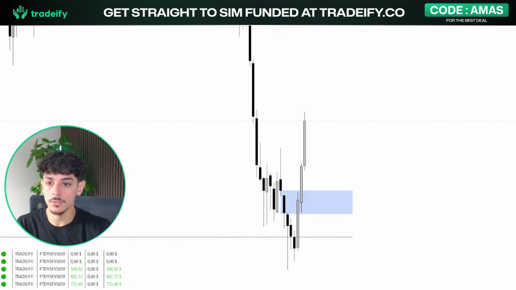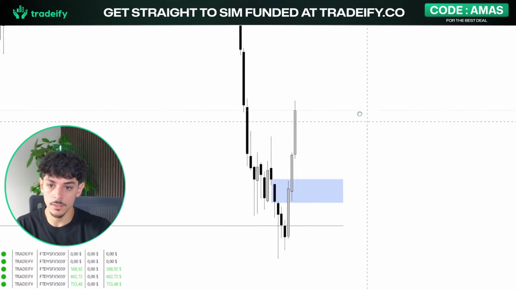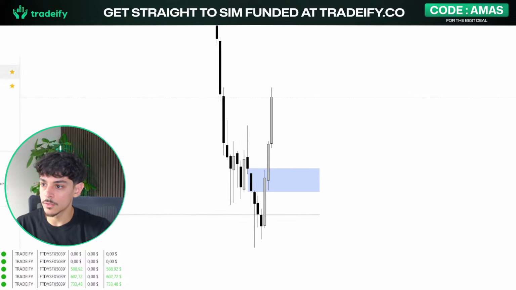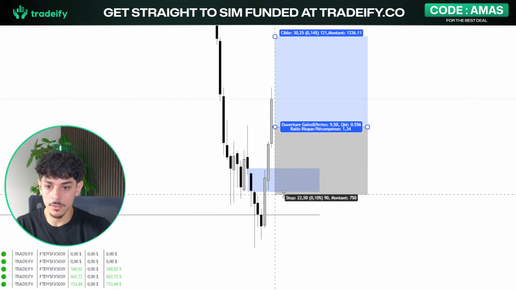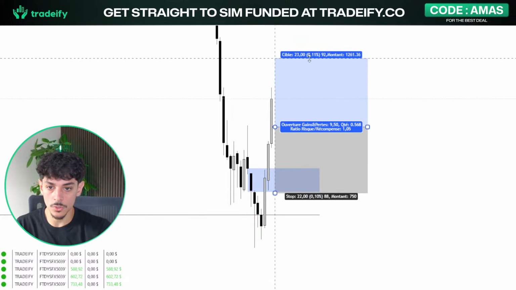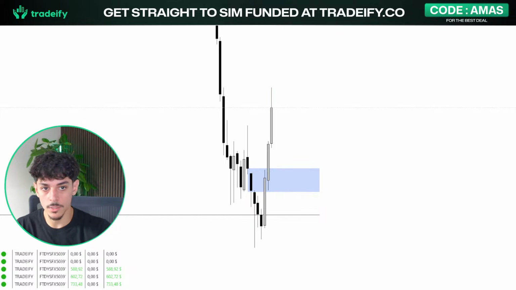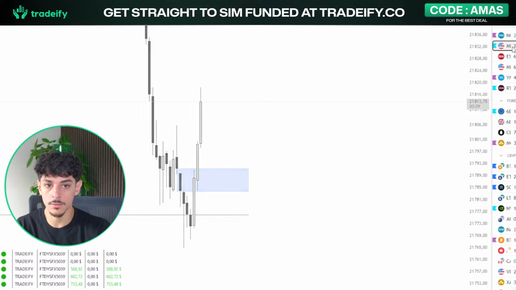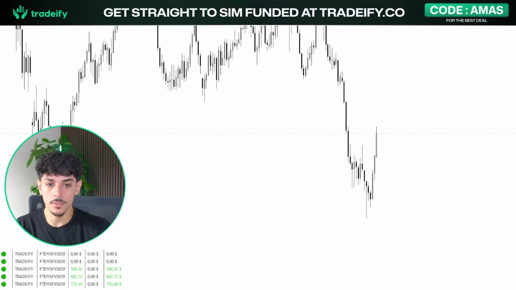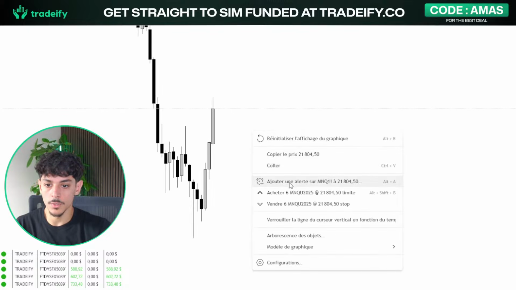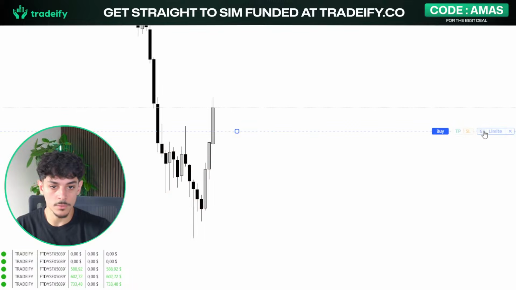So 42, I like this. This is not bad. Let's say I want to enter right here, stop loss right below the low. That would be 400. That's a pretty high risk here for that account, not gonna lie. So I would want to enter here and buy, let's say 5.